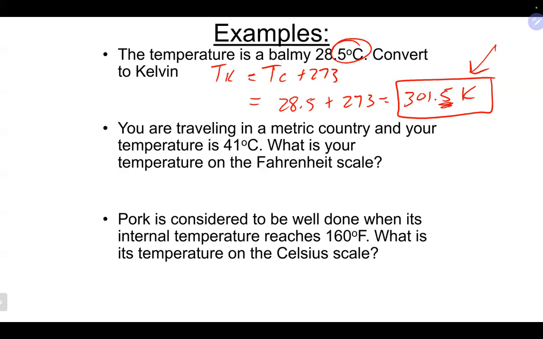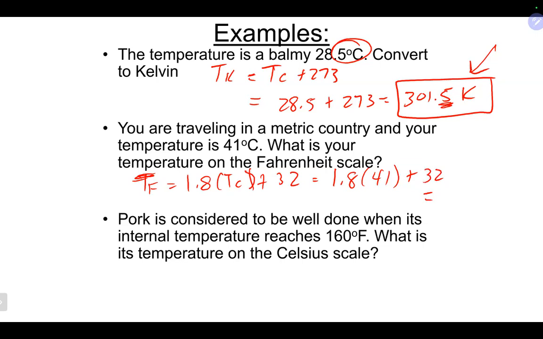Here on the second one, we're going from Celsius to Fahrenheit. So our temperature in Fahrenheit is equal to 1.8 times the temperature in Celsius plus 32.